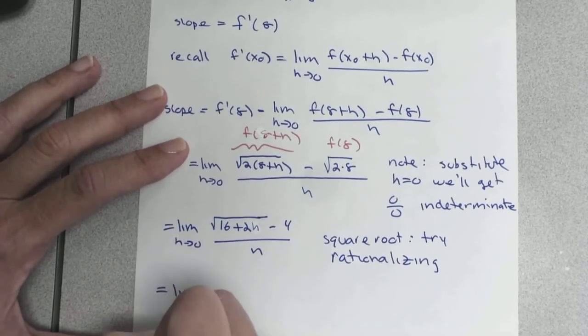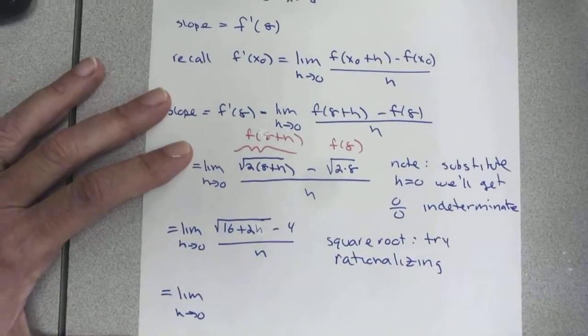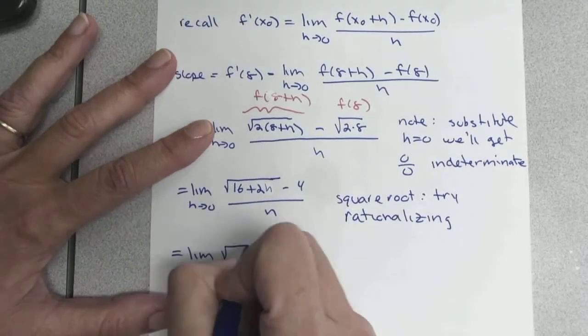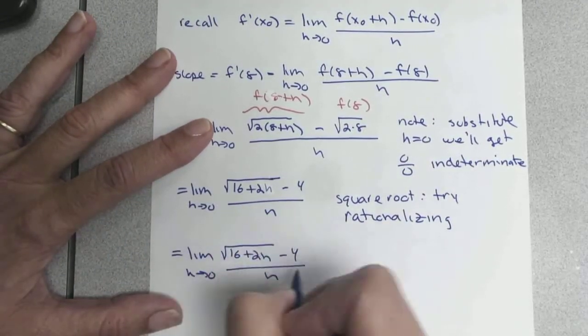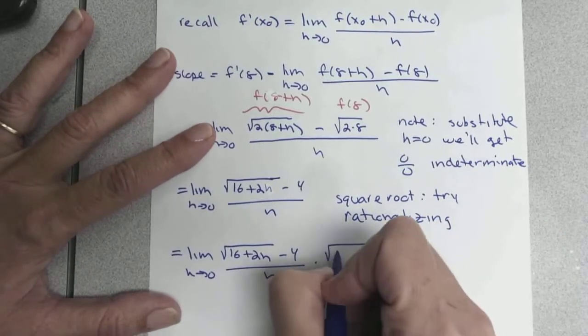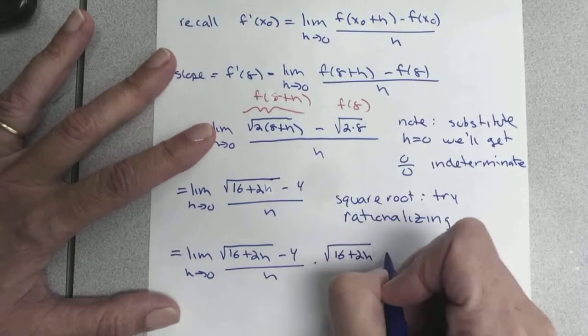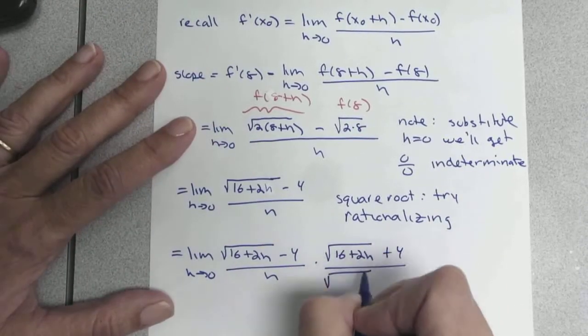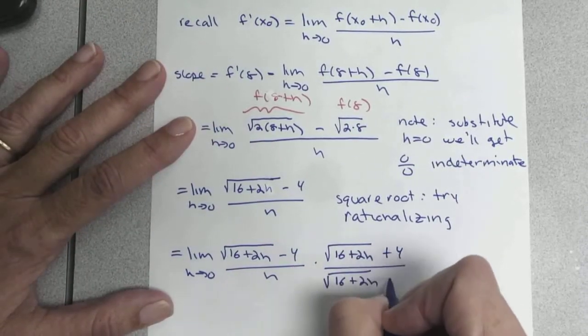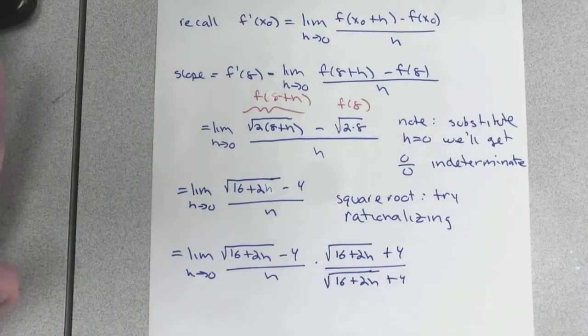So limit as h goes to 0 of the square root of 16 plus 2h minus 4 all over h times the square root of 16 plus 2h plus 4 all over the square root of 16 plus 2h plus 4. Remember to rationalize a radical like this, we multiply the numerator and denominator by the conjugate of the numerator in this case.